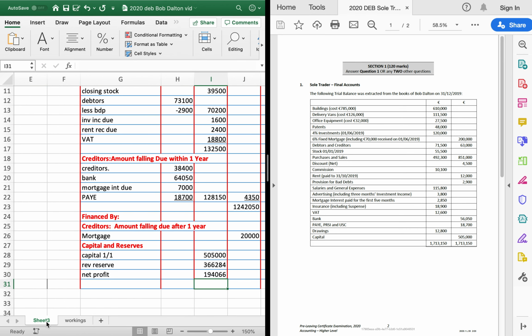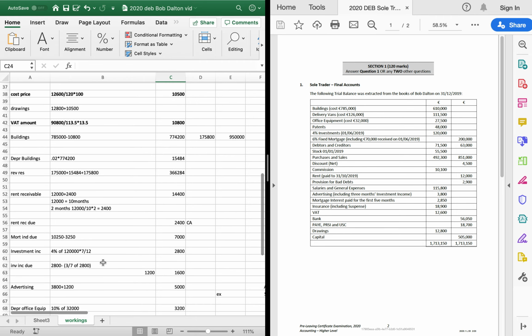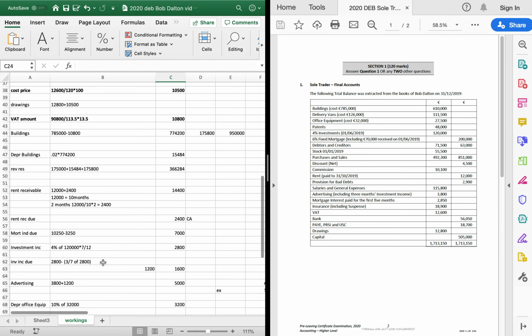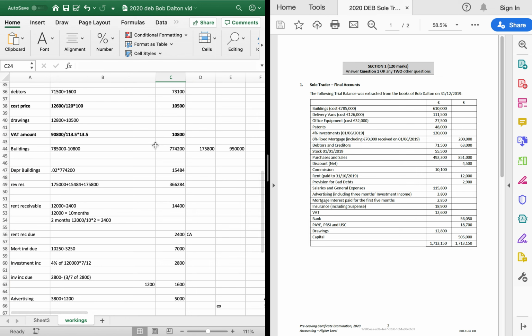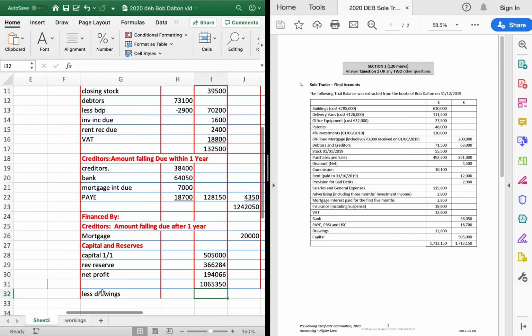I'm just going to add that together like I would in the marking scheme. Less drawings, where are my drawings? 23,300, which will take away.